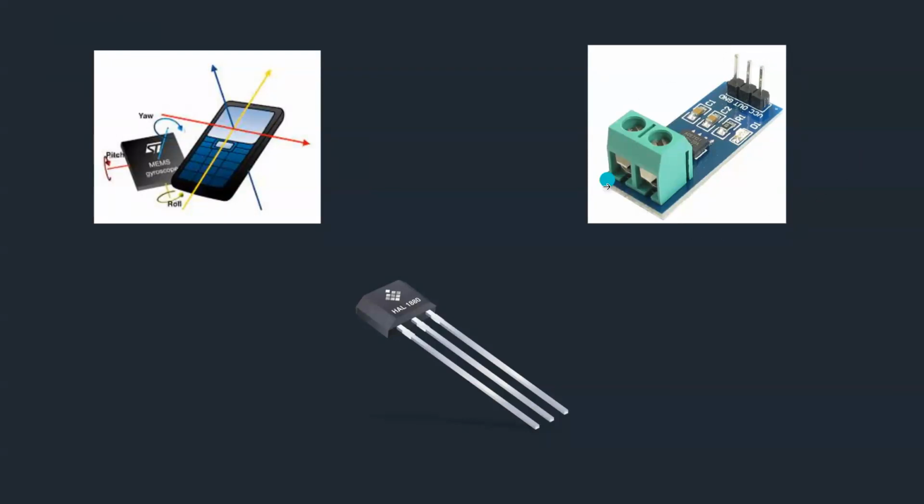The current sensing module is in here, so current measurement can be done through this sensor. We can easily read the current by connecting this module to a circuit, and then read the value of the current using the microcontroller. Also we have this Hall effect sensor, a 3-pin sensor.